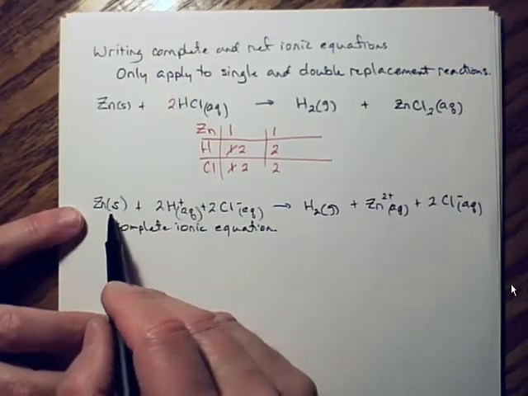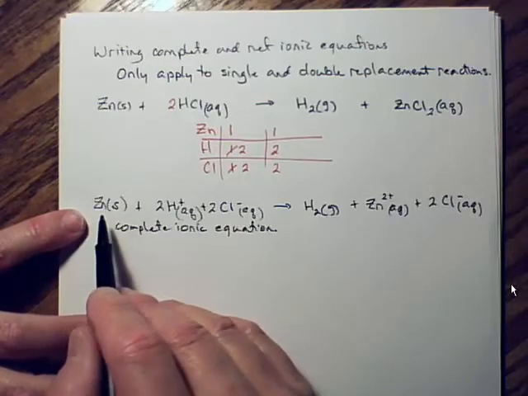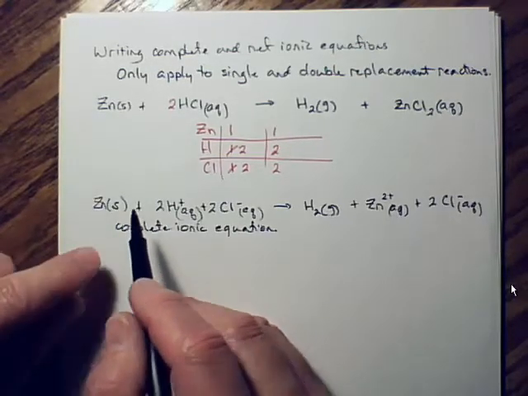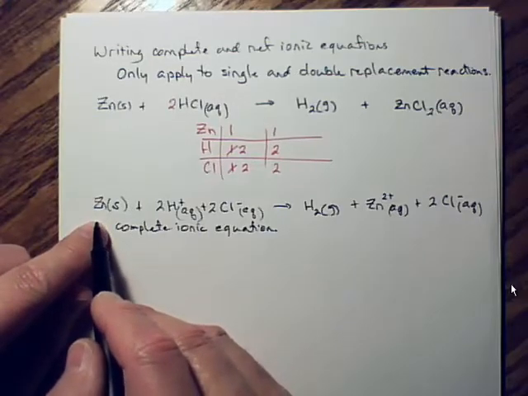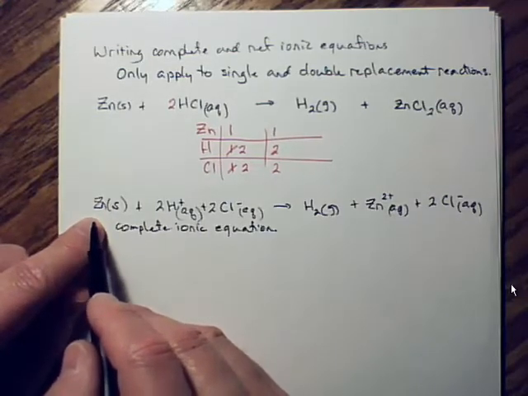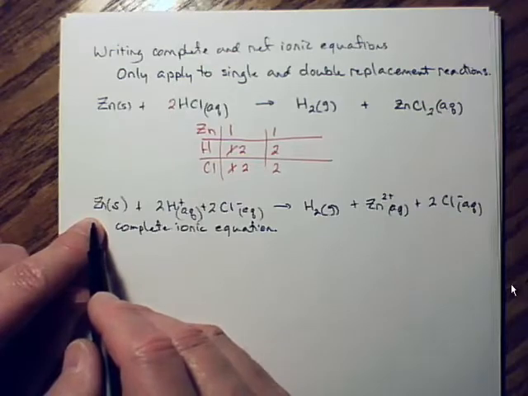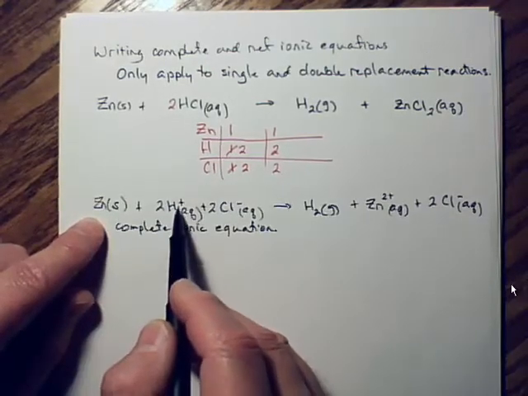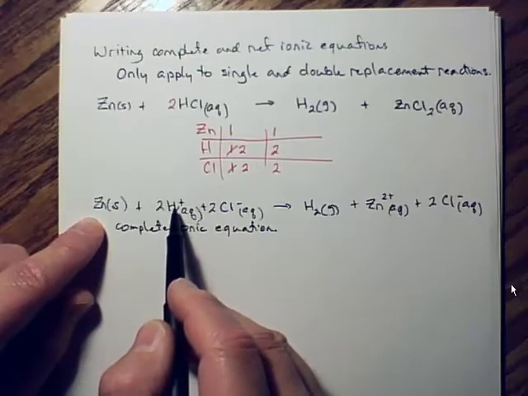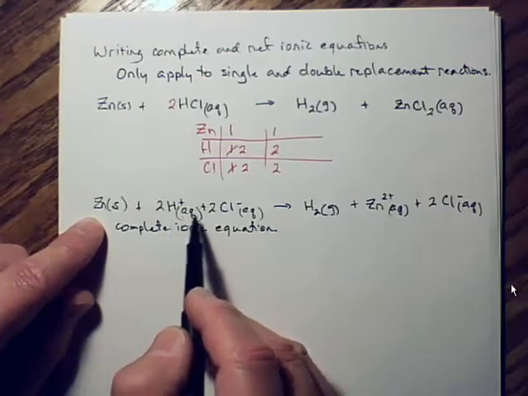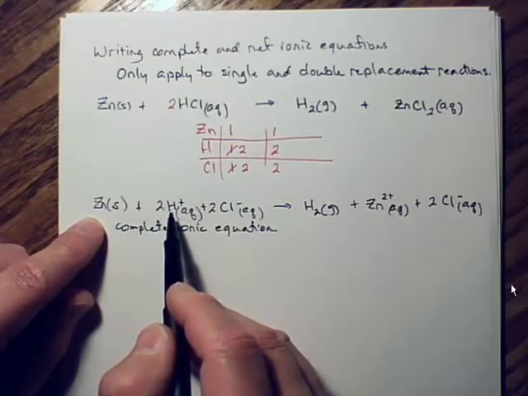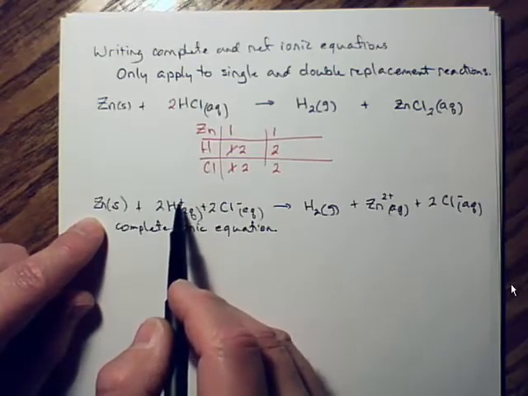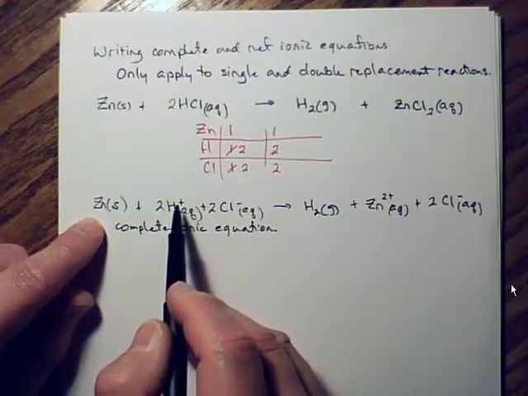So, zinc over here, this is a metal. It's a solid. And by the way, if you didn't know this, let me make sure I'm really clear about this. Any elements that are by themselves or are only bonded to themselves have a 0 oxidation number. In an ion or the particles that come apart in an acid, these charges are also the oxidation numbers.